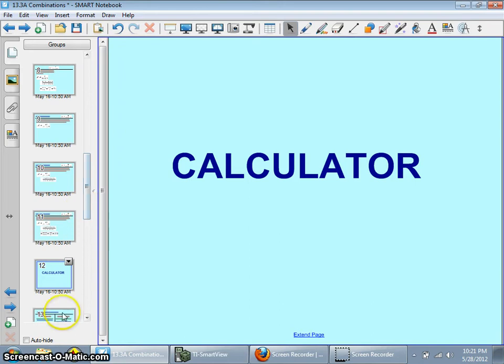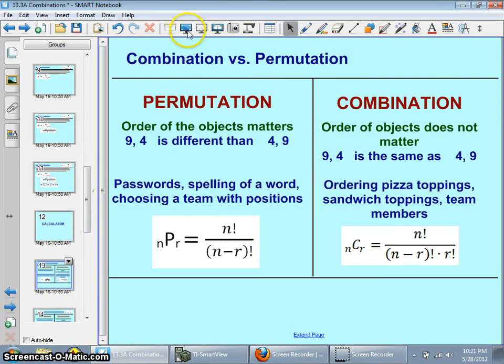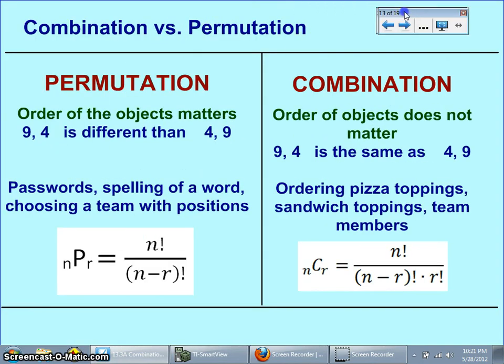Okay, so over the course of the next few days, we are going to be drawing out the distinctions between permutations and combinations. And basically the major difference is permutation, the order matters. So think of ordered pairs, think of spelling words, think of passwords, maybe choosing a team with positions. You can't just switch around a baseball team.